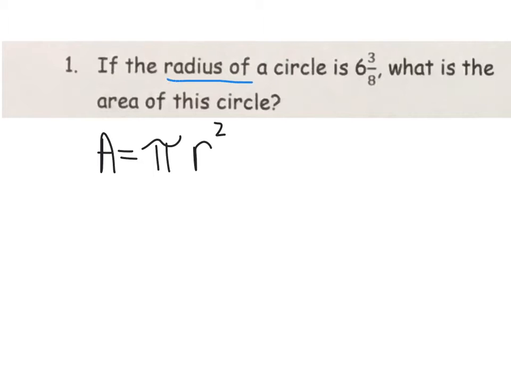It's 6 3/8, so you have to change 6 3/8 to a decimal, which will make it easier. Then plug that into your formula and you'll get your answer. If you need to use the calculator, come in the morning and use the calculator. We'll be there. Okay, number 2.